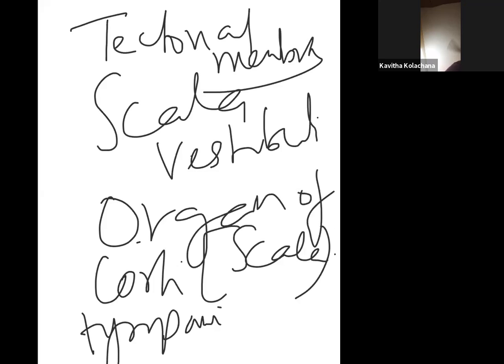Anything else you want to add? What are the functions of the Reissner's membrane and the tectorial membrane? What are the basic functions?